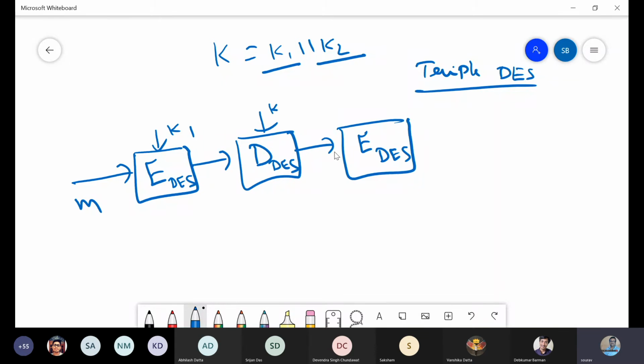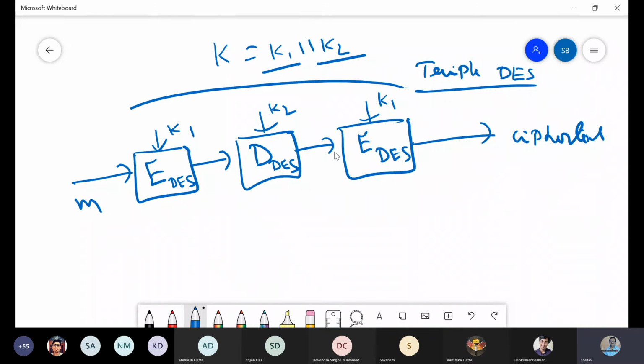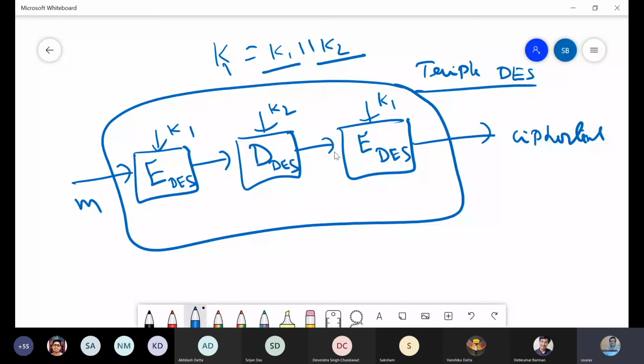Here we use K2, because if we use K1 again, it will give us the same message. The outputs are all 64 bits, so there is no problem with that. Then again K1, and this is our ciphertext. So this is our triple DES block cipher.